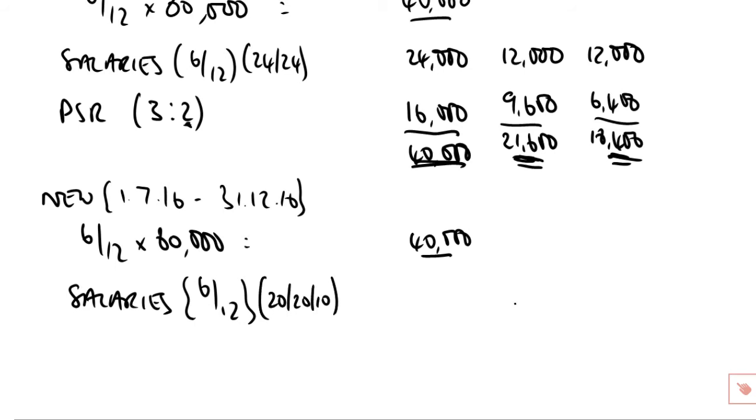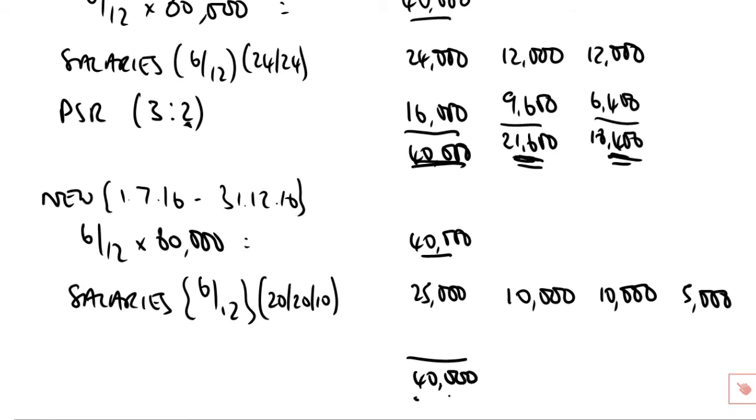So half each of those, 6/12 of 20, 20 and 10, that's going to be 10,000, 10,000, and now partner FC is in here with £5,000. So 10 plus 10 plus 5 is 25,000. We're splitting out, as we see there, 40,000.